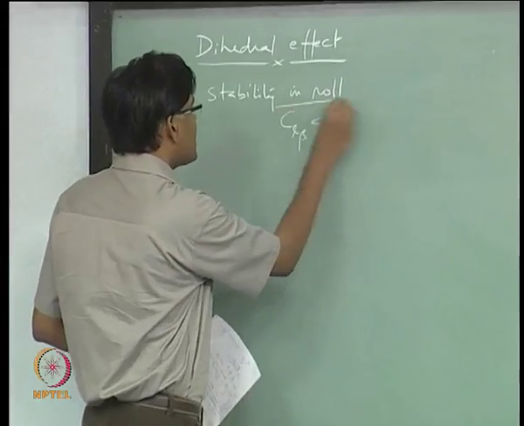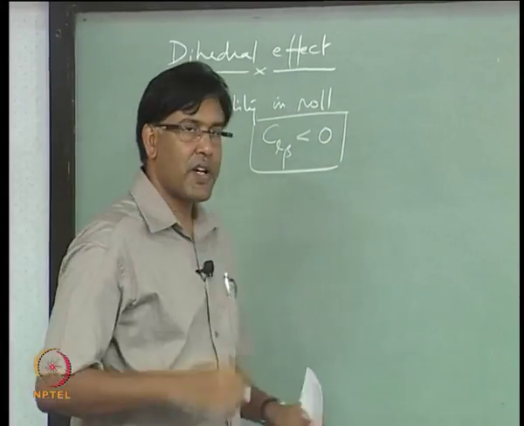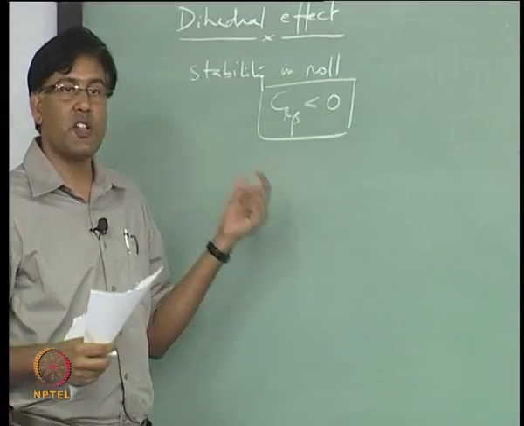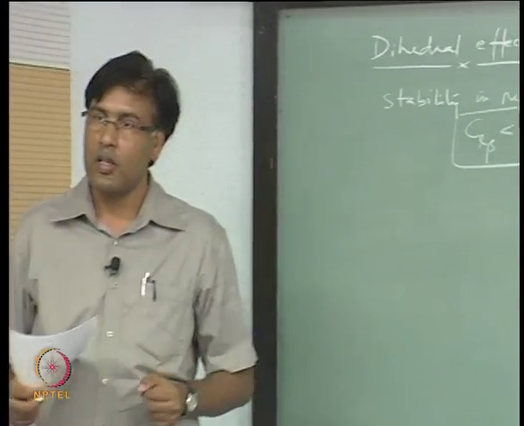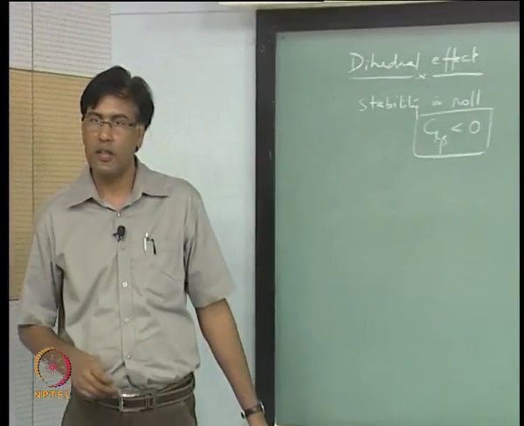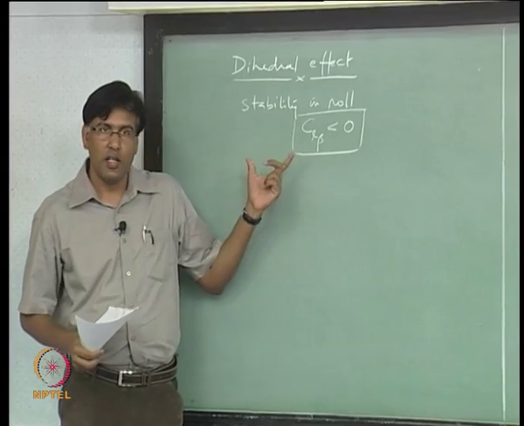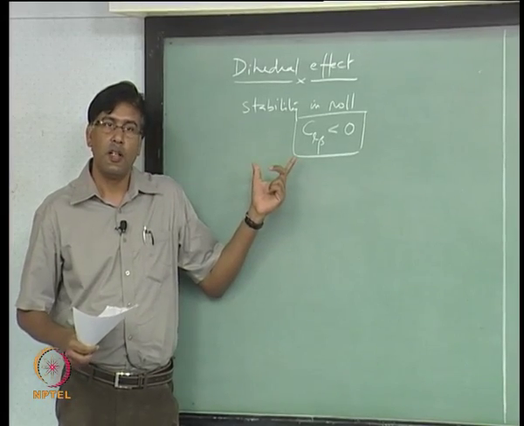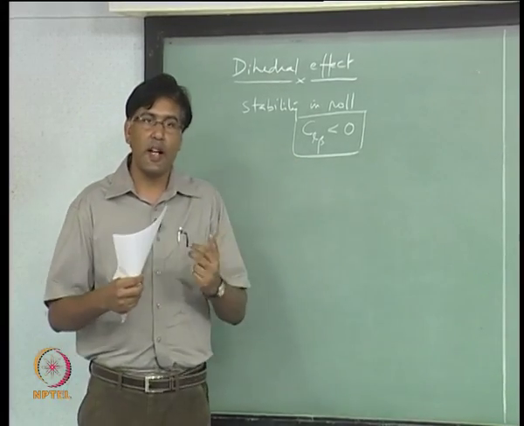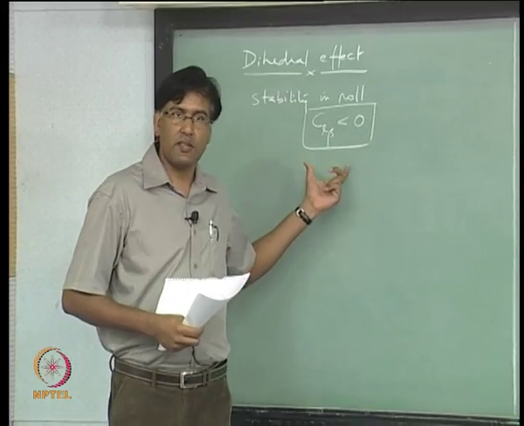So, that was another interpretation of why this CL beta should be less than 0 for roll stability. And we are discussing what all components on aircraft can contribute to this CL beta.